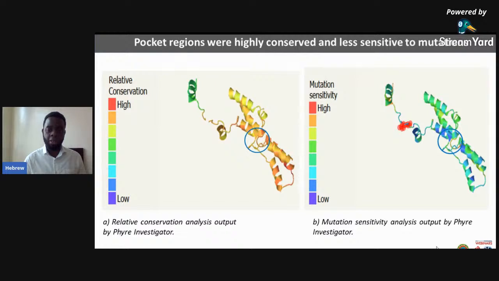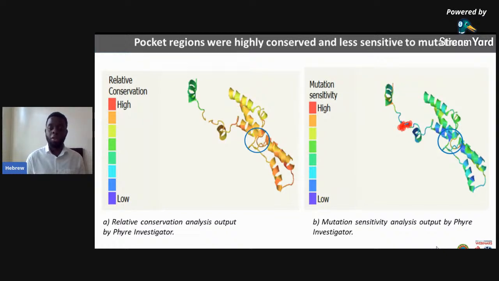Secondly, for mutational sensitivity, what we have is another scale from blue to red, and the annotation, as I have circled in the ligand binding site, as you can see, what we had in terms of color was a green, yellow, and orange assortment. So it actually shows, according to the scale, that they are not sensitive to mutations over time, meaning that there's a very low possibility of finding residue substitutions over time.